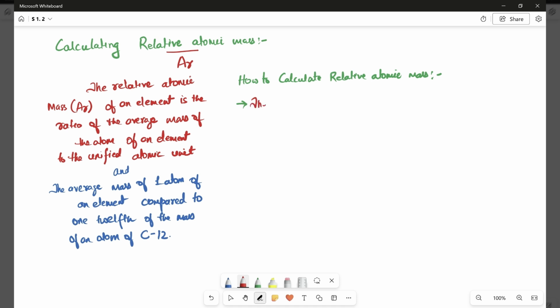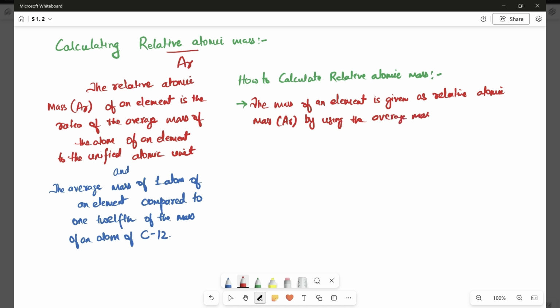So the mass of an element is given as relative atomic mass, that is AR, by using average masses of all the isotopes.